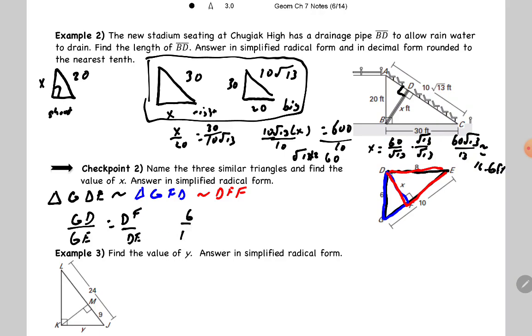So 6 over 10 equals x over 8. Cross multiply, you'll get 48 equals 10x. So I'll get x equals 4.8.